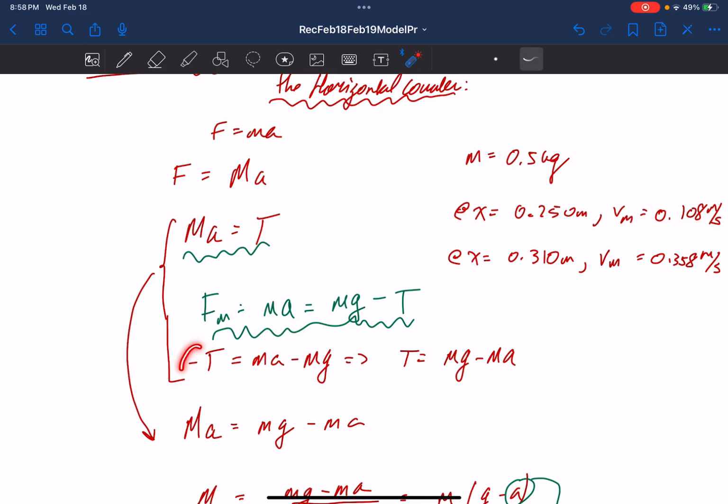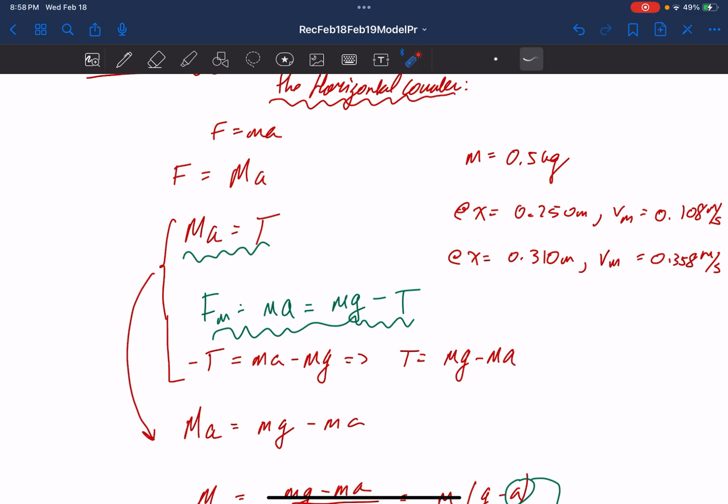And that gets us negative T is equal to little ma minus little mg. Now, multiplying everything out by -1, we get tension is equal to mg minus little ma. And what we can do now is take this tension and plug it into this equation up here.